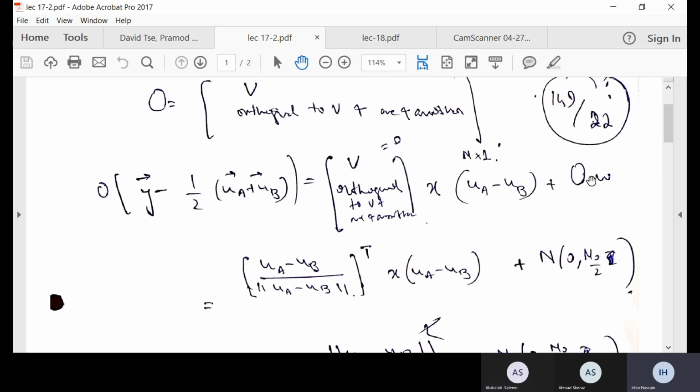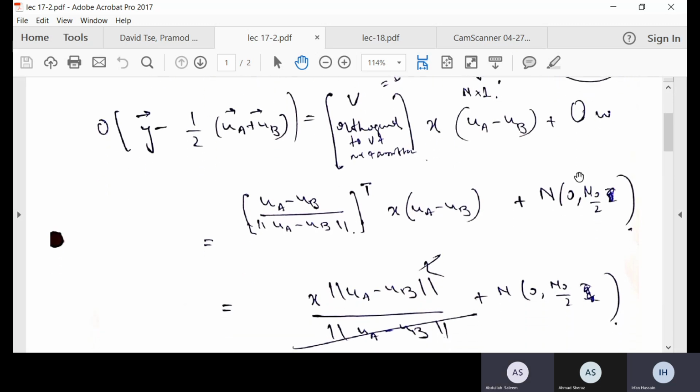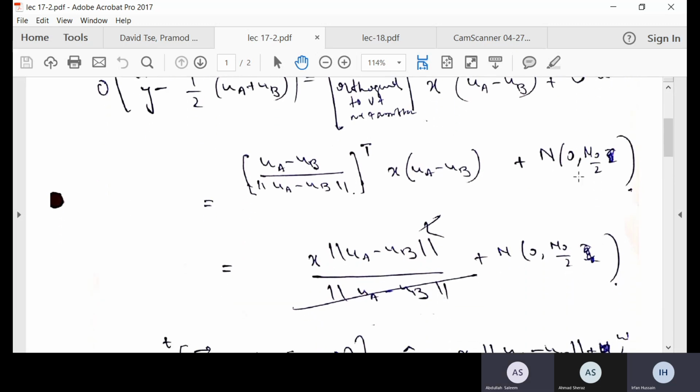Its statistics will not be changed by multiplying it with the orthogonal matrix. So UA minus UB, this will become UA mod square, 1 cancels, so you will get x into UA minus UB plus n0 by 2. So this is the received statistics. The received statistics comes out to be just x times the difference between the mod of the two vectors, which is a scalar quantity now, plus the noise.